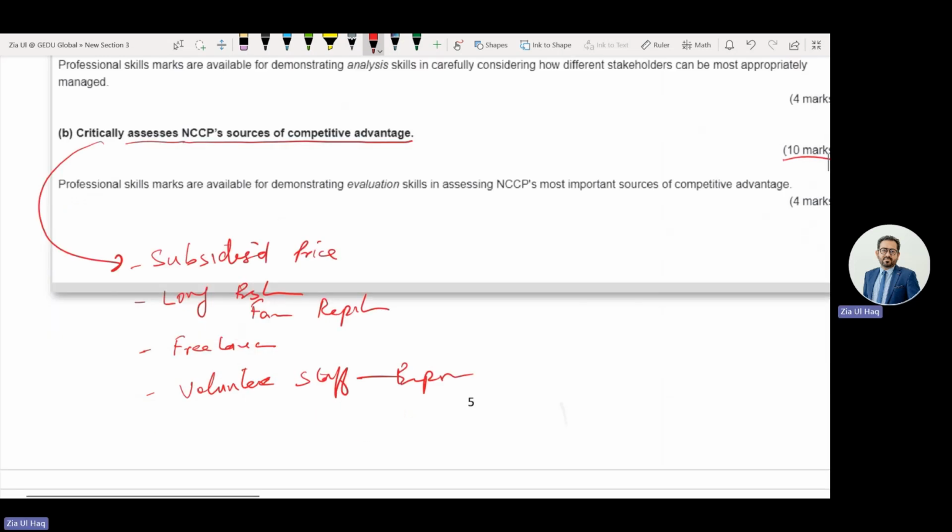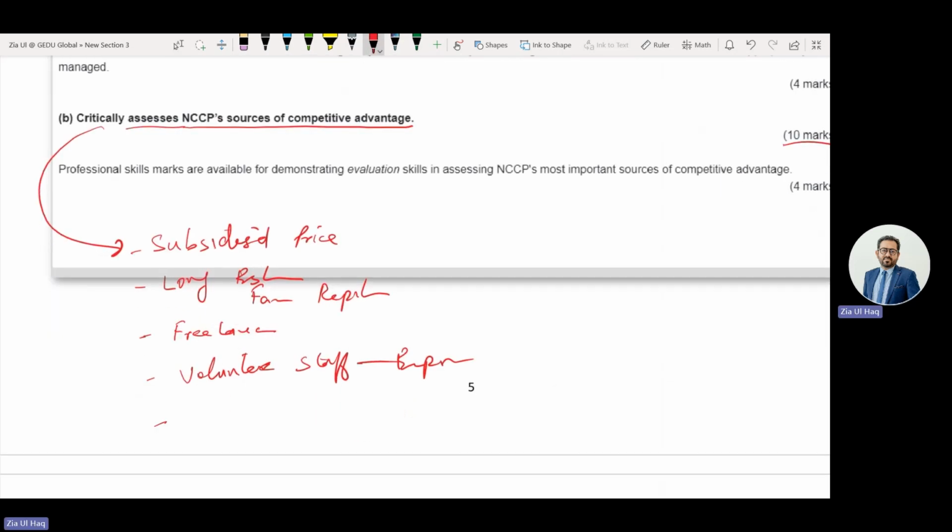What else? They get support from the council. They are receiving some funds from the council, and not only funds. The council is closely monitoring the system of the company. They help the company to manage a proper system, and having a proper system will provide more confidence, not only to the council but to the donors as well.